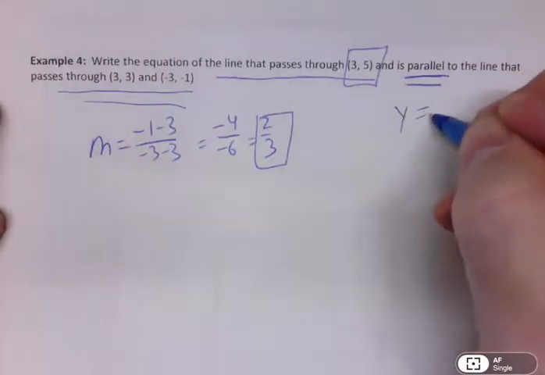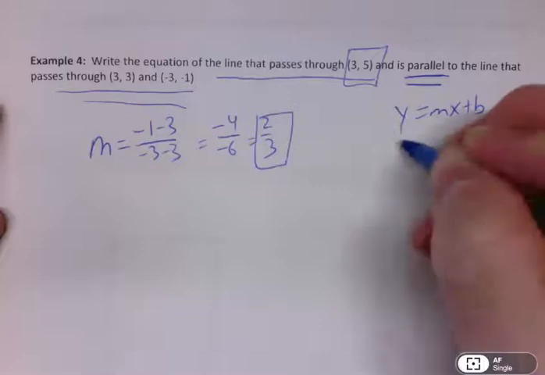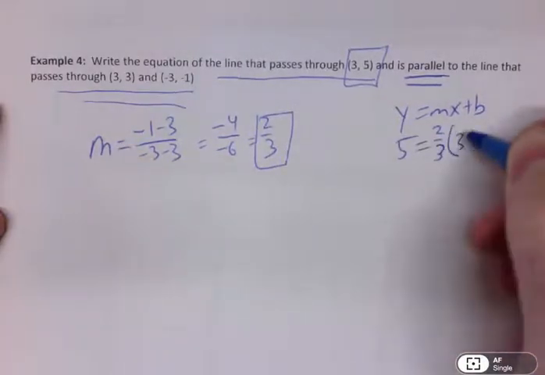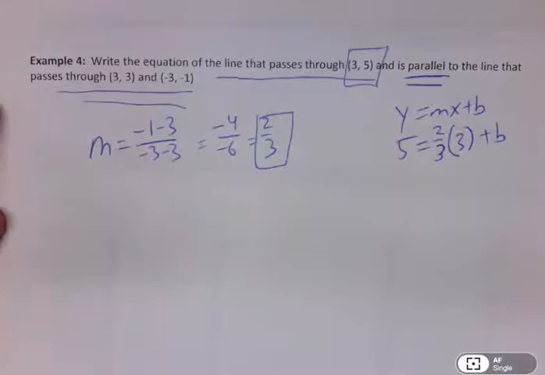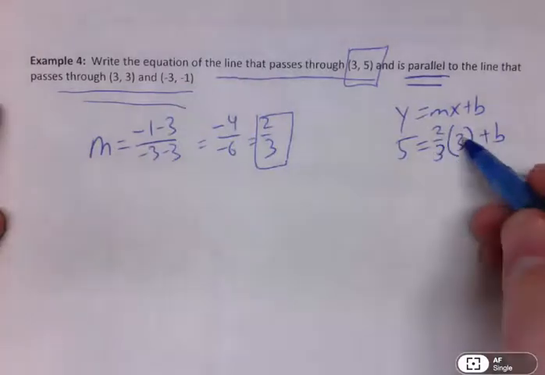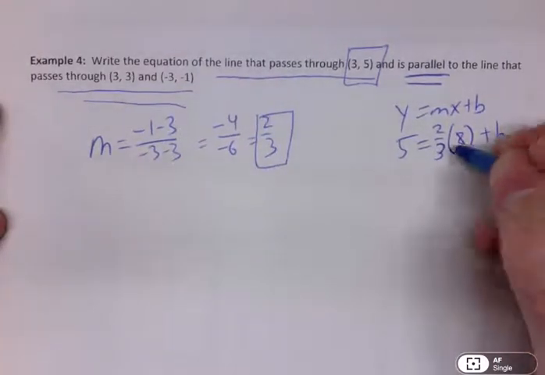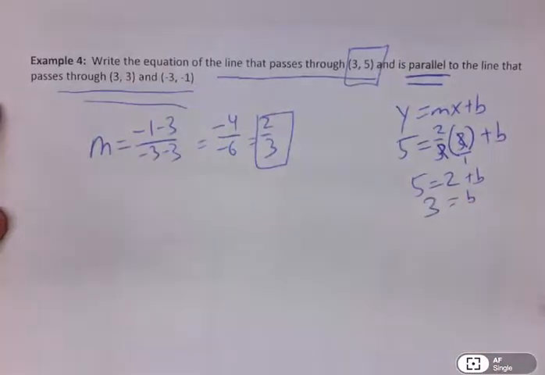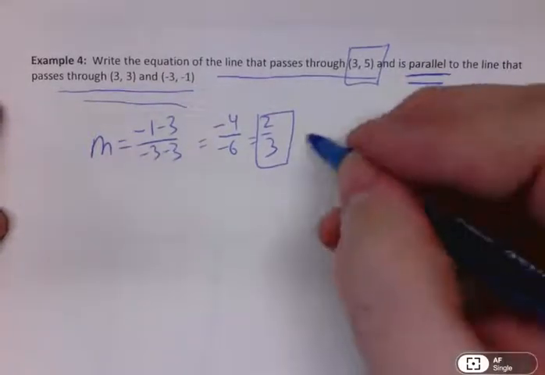So I know the equation of a line is y equals mx plus b. Y is 5, m is 2/3, x is 3, and then I can solve that for b. 2/3 times 3, this is like 3 over 1. The 3's will cancel. 5 equals 2 plus b, so b equals 3. So b is 3, the slope is 2/3.